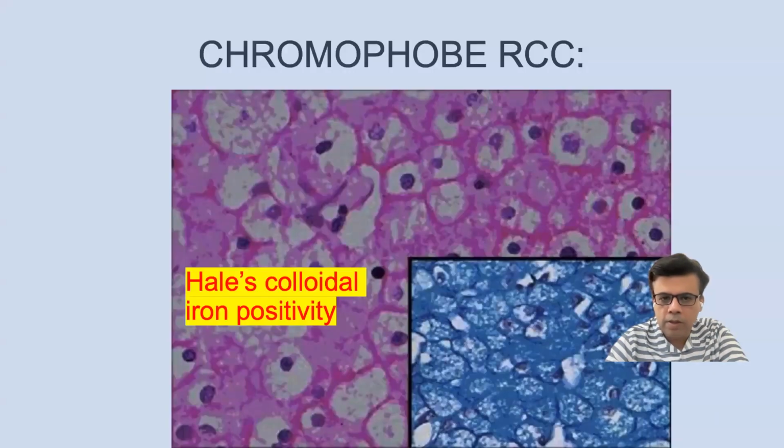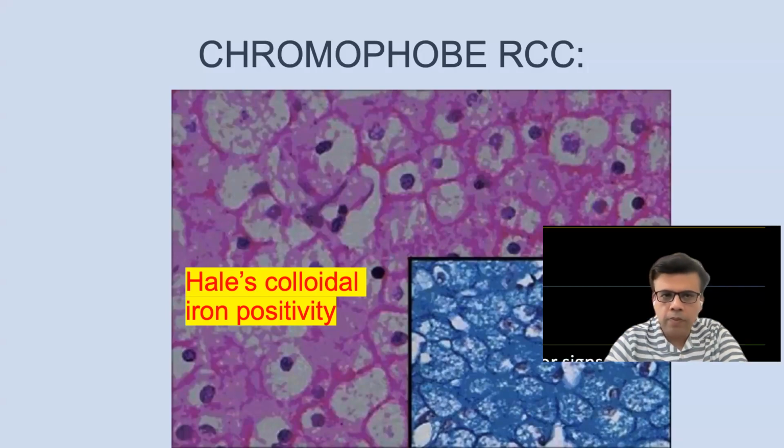And chromophobe carcinomas also stain beautifully for Hale's colloidal iron, which decorates the acid mucin. As in the inset, you are seeing some bluish granules; that is Hale's colloidal iron positivity.